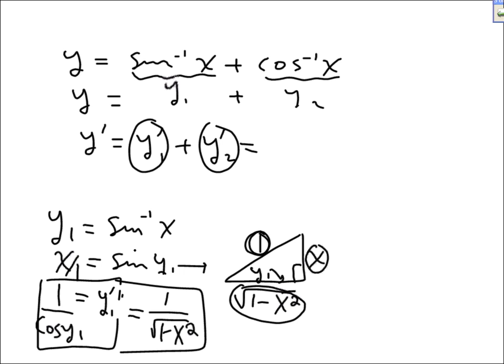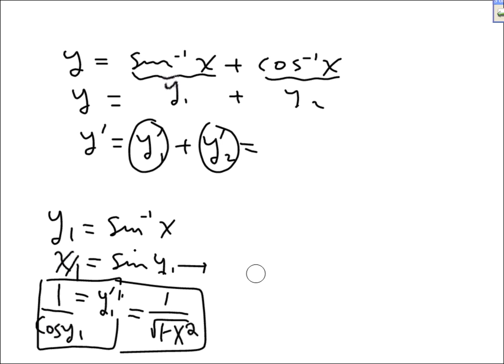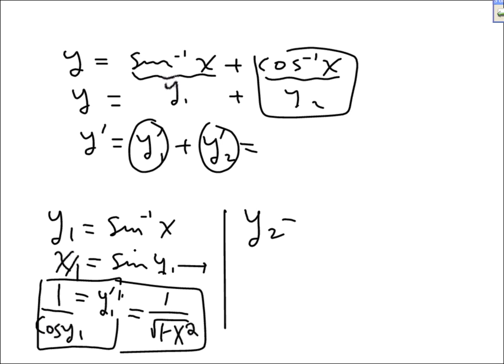Let me erase this triangle, because I need the space, and let me find out what y sub 2 prime is. We're claiming, if you look at the top, that y sub 2 is cosine inverse of x. Well, interchanging the two arguments gives us that x is cosine of y2.